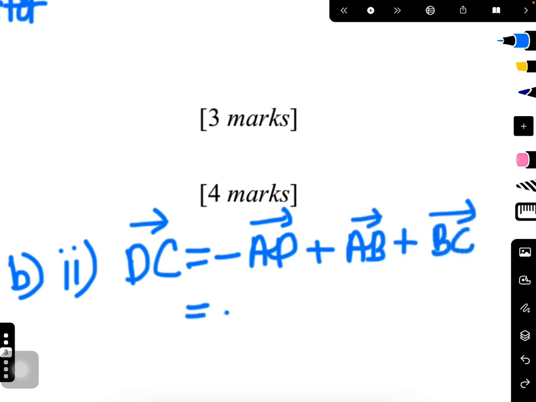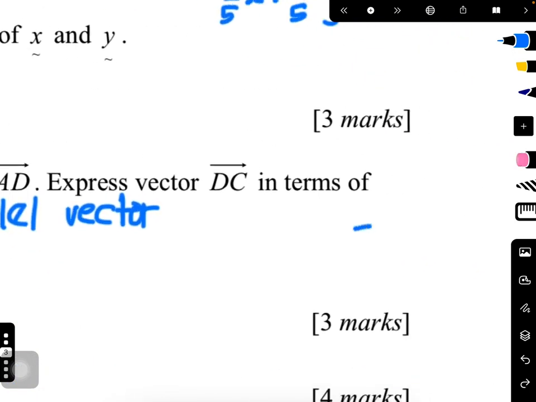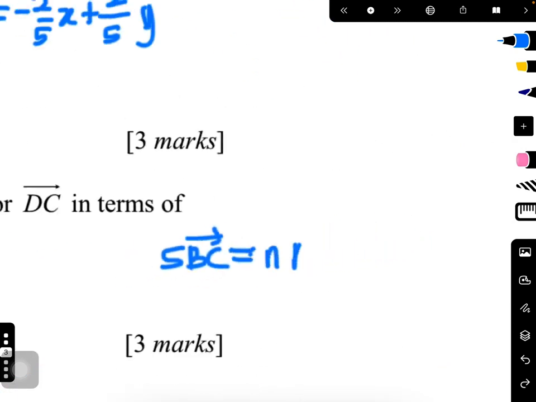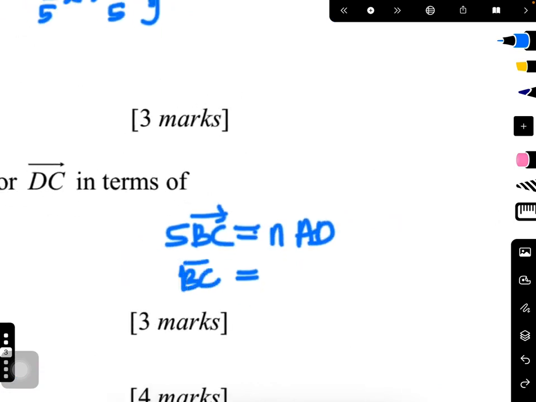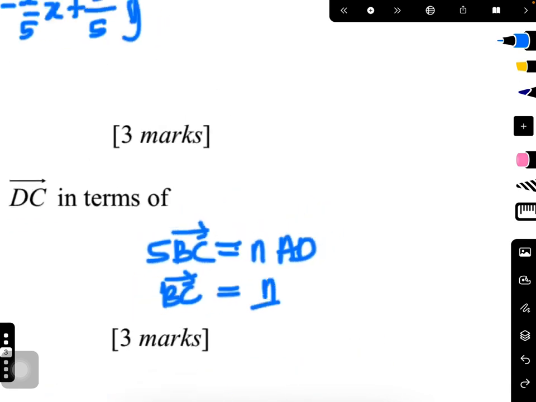Okay, we just substitute the value given. What is BC? It's given that 5BC equals nAD. So BC equals what? BC equals n over 5 AD.